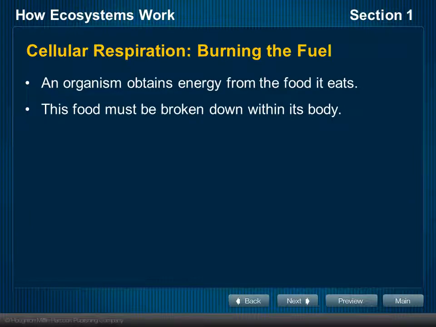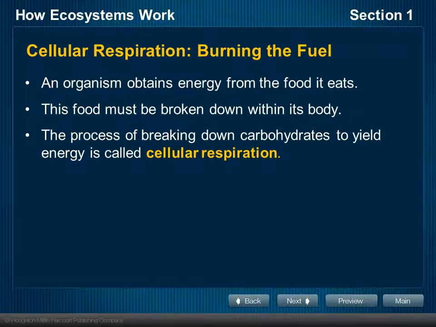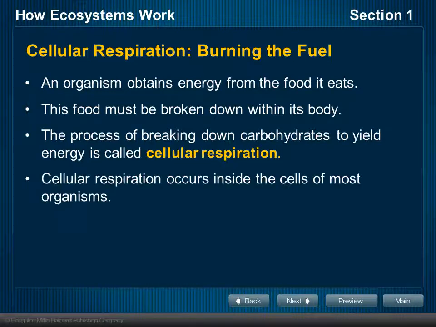It allows them to do this process called cellular respiration. The body needs to be able to break down the food so that it can harvest from the food the energy that it needs. We call the process of breaking down the carbohydrates, in particular the glucose that you saw in that photosynthesis chemical equation, to yield energy, cellular respiration.